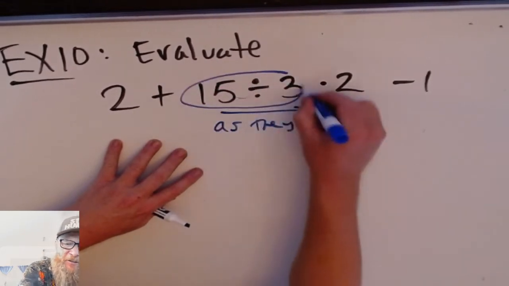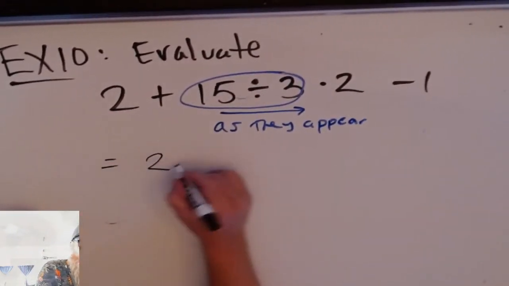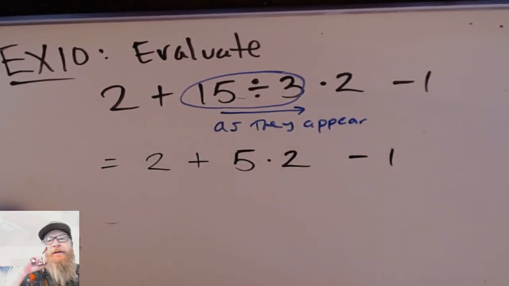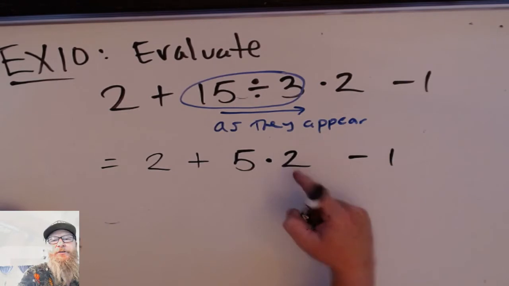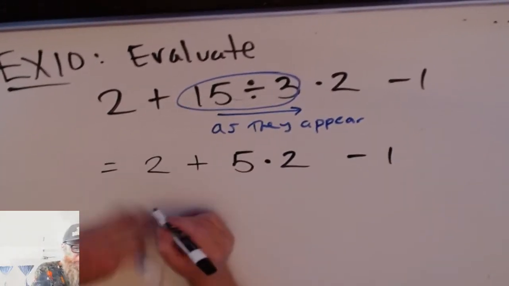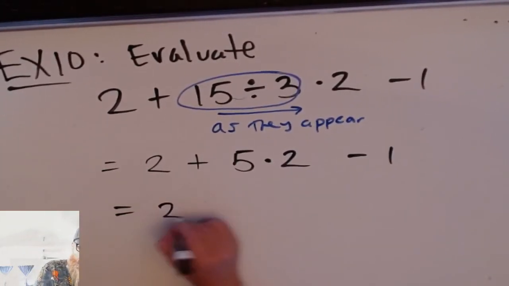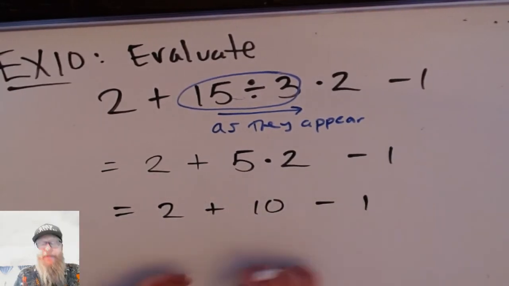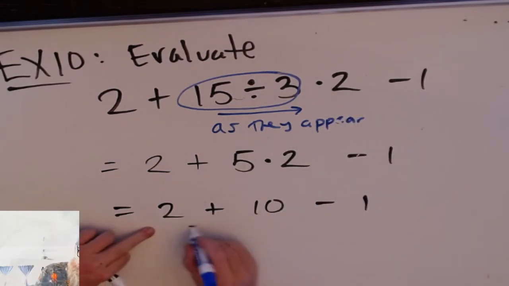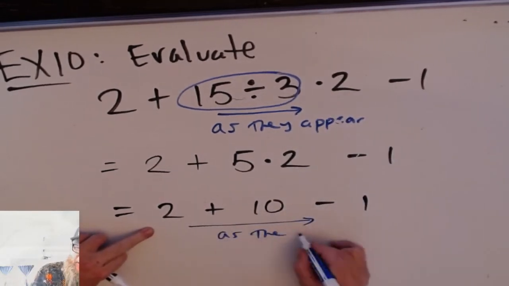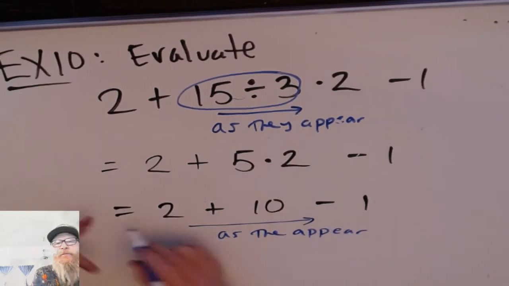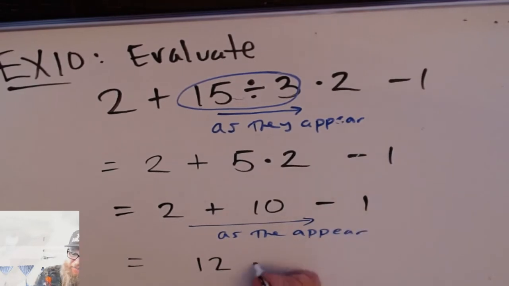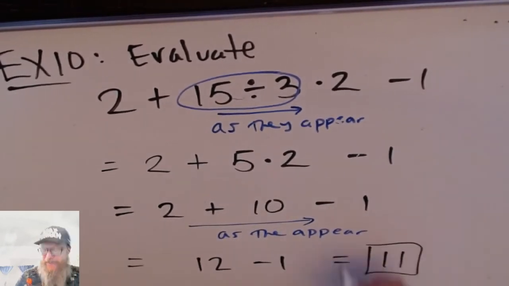So you have to first do the division. 15 divided by 3 is 5. And then do the multiplication. And then additions and subtractions, again, as they appear from left to right. So you want to go 2 plus 10, and then minus 1, and you get 11.